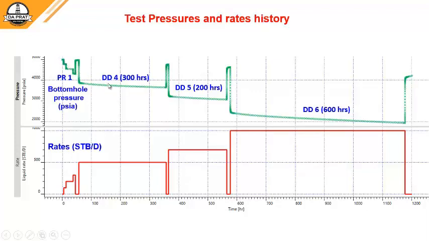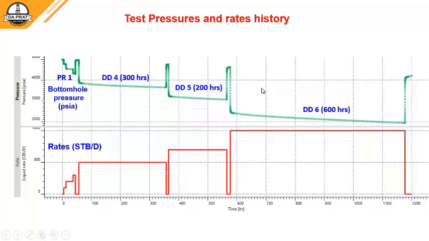You can see the build-ups, probably the ones that are acquired in the field. In many cases, you don't acquire these, and you just acquire a few points during the last part of the drawdown to have a reference for your delta P's, and then you do your build-up. And in many cases, you only count with the build-ups, okay?